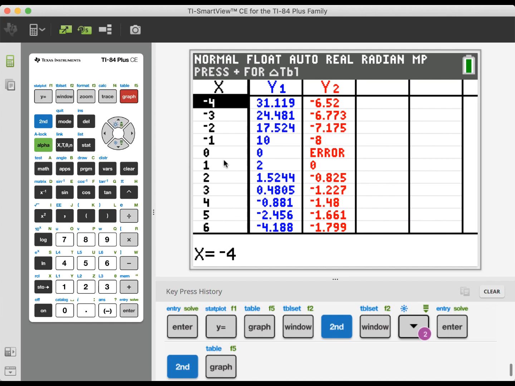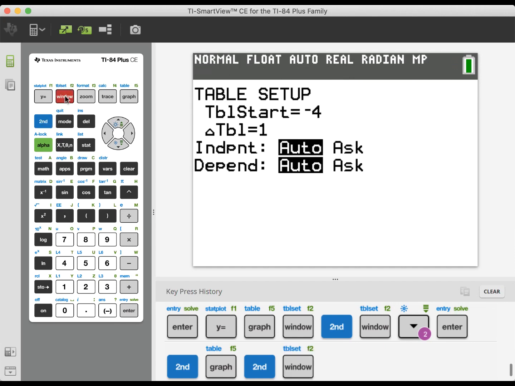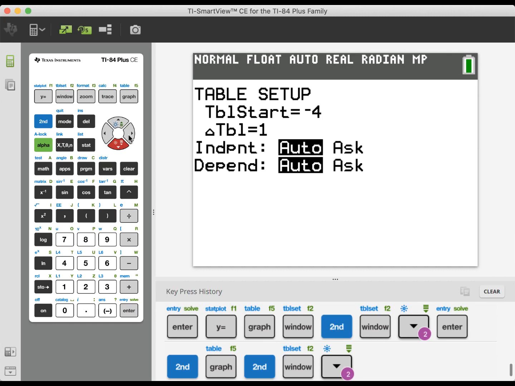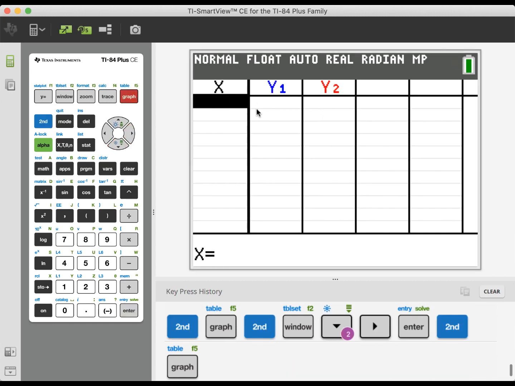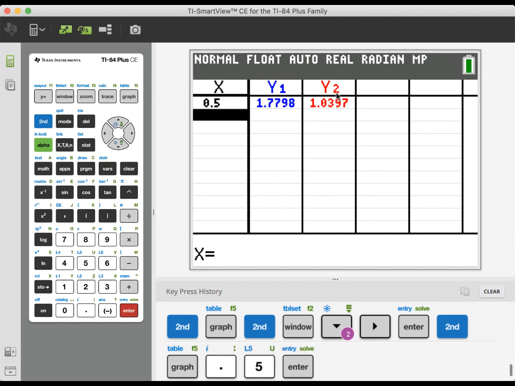But notice I don't have a half here. So how do I get that? Well, you can just go to second table set, and just go to ask for the independent. And notice what changes here. There's nothing here. That's why you have to type it in, 0.5. And notice that the y2 is 1.0397. But it's positive. That was the point.